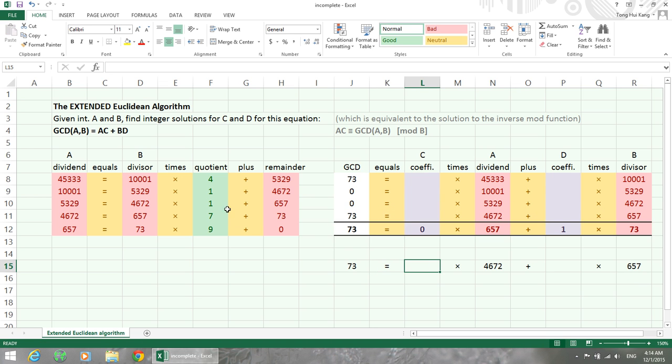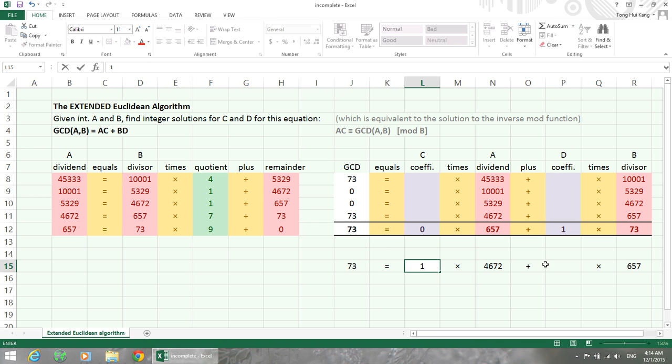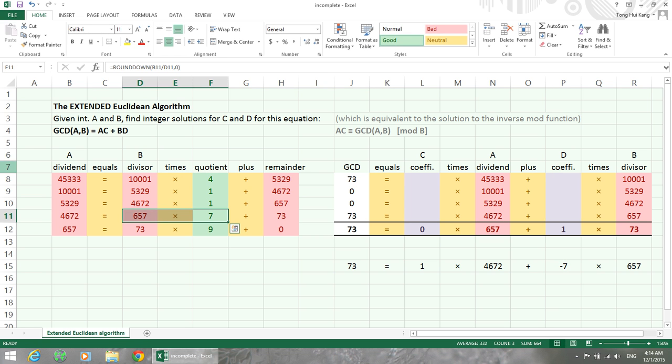We use the equation of the same line generated by the Euclidean algorithm. We first express 73 in terms of 657 and 4672. So 73 equals 1 times 4672 plus negative 7 times 657. Negative because you brought this term over.